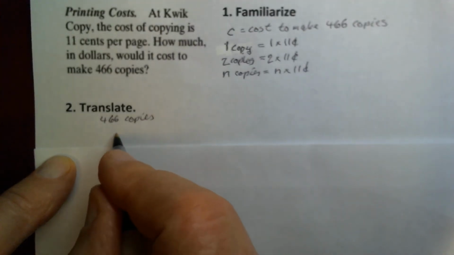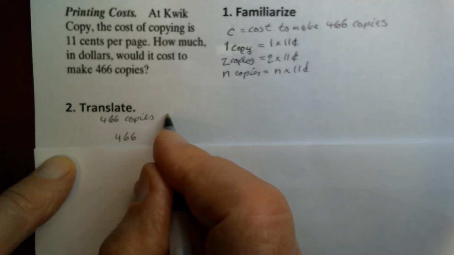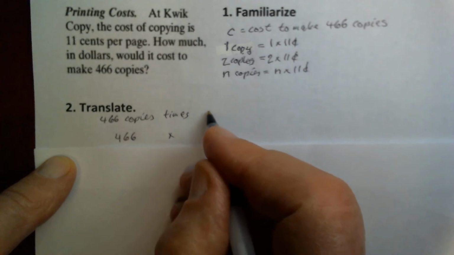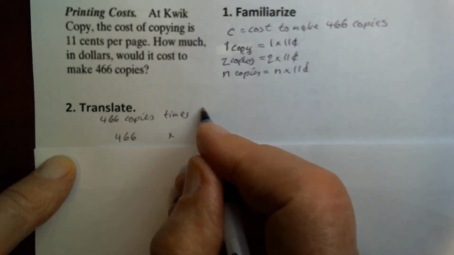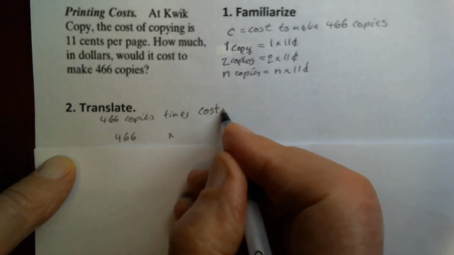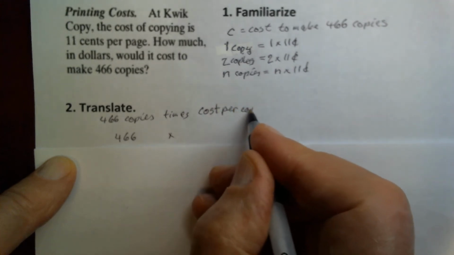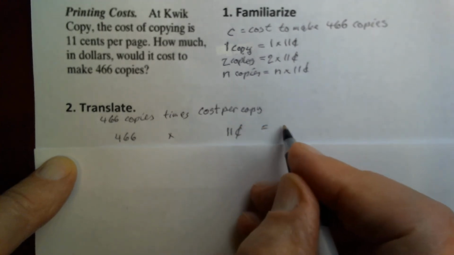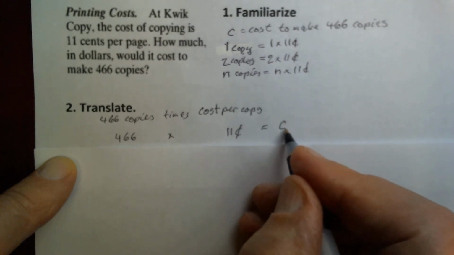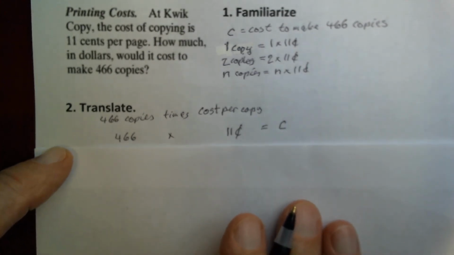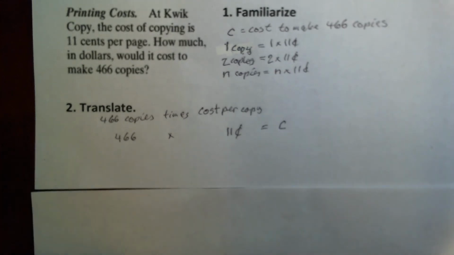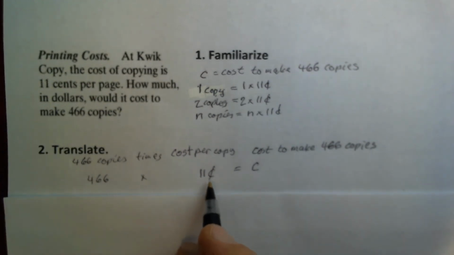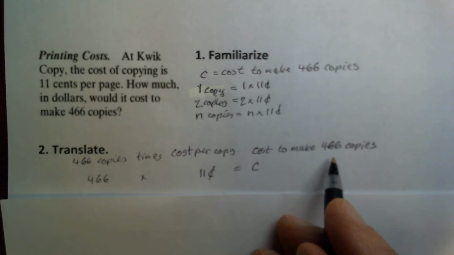So 466 times cost per copy, $0.11, equals the total cost of making 466 copies. In other words, 466 times 11 cents equals C, the cost to make 466 copies.